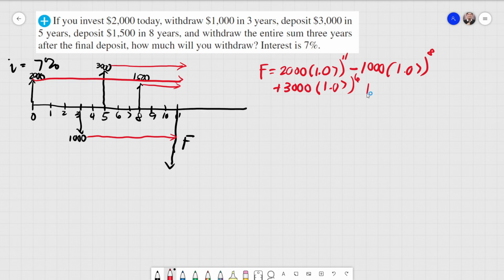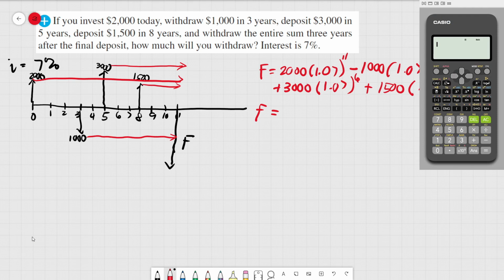And lastly, we have 1,500 na nag-occur noong year 8. So, ilan yung time period na lilipas from year 8 going to year 11? That is 11 minus 8, which is equal to 3. So, yan. Then, i-plug natin lahat ito sa calculator para ma-compute natin yung values.